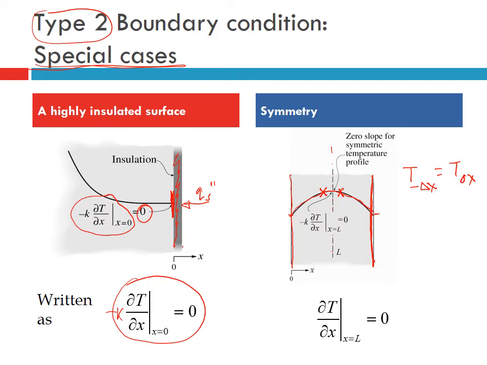That's the meaning of symmetry. And so T at delta x minus T at minus delta x over delta x is equal to 0, which means dT/dx is equal to 0. A simple way to see it: if the profile is symmetric, then it increases and then it starts to decrease, so of course at this point the slope is going to be 0. So symmetry is one special case and insulated is the other special case.